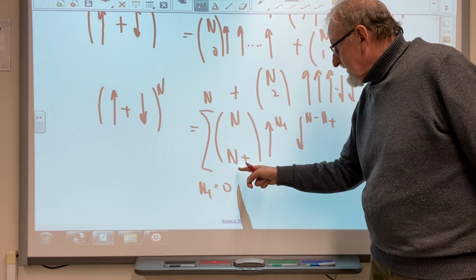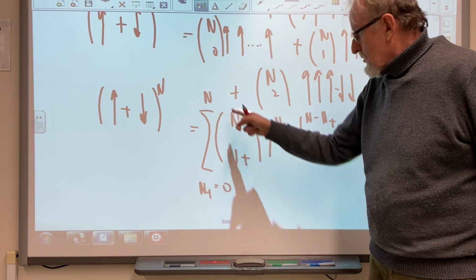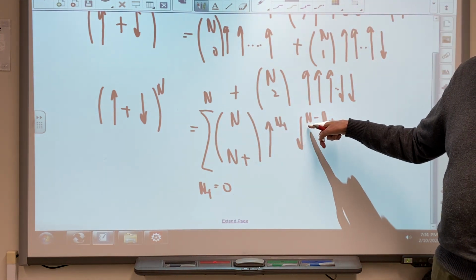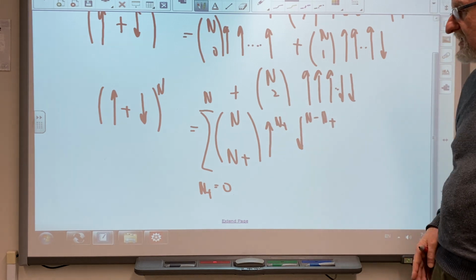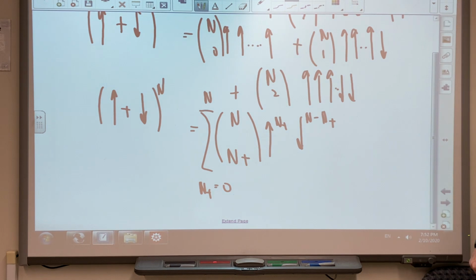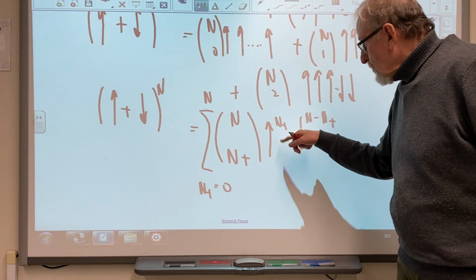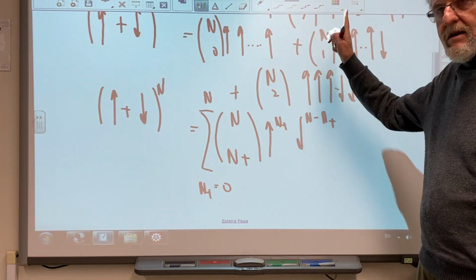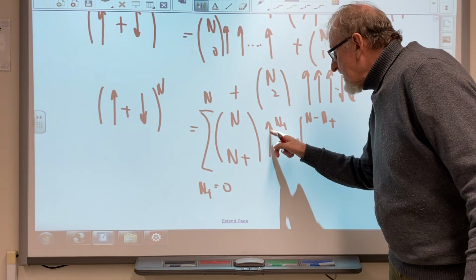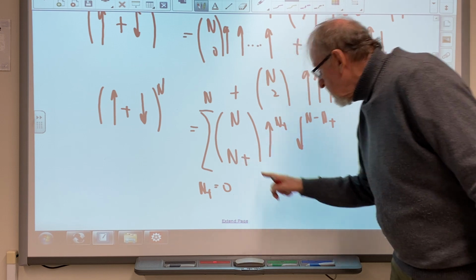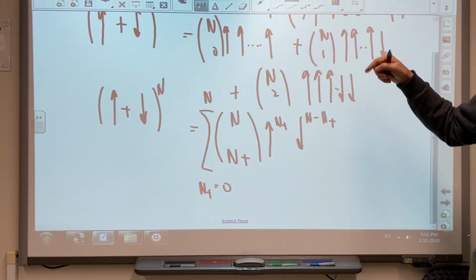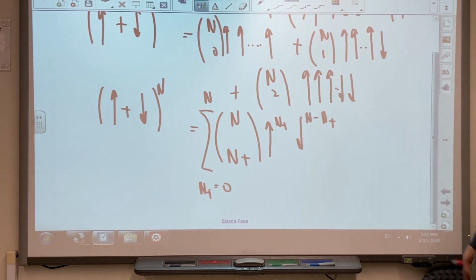So this will be the term n0, which is the number 1, corresponding to having n arrows pointing up and no arrow pointing down. Then I will have a term combinatorial n1, corresponding to n minus 1 arrows pointing up and 1 arrow pointing down. Then the combinatorial n2, corresponding to n minus 2 arrows pointing up and 2 arrows pointing down, and so on.